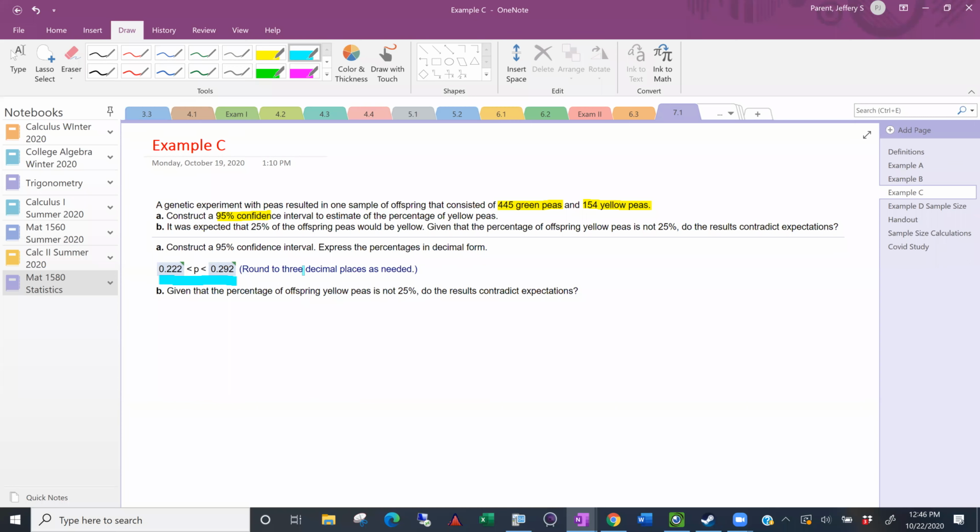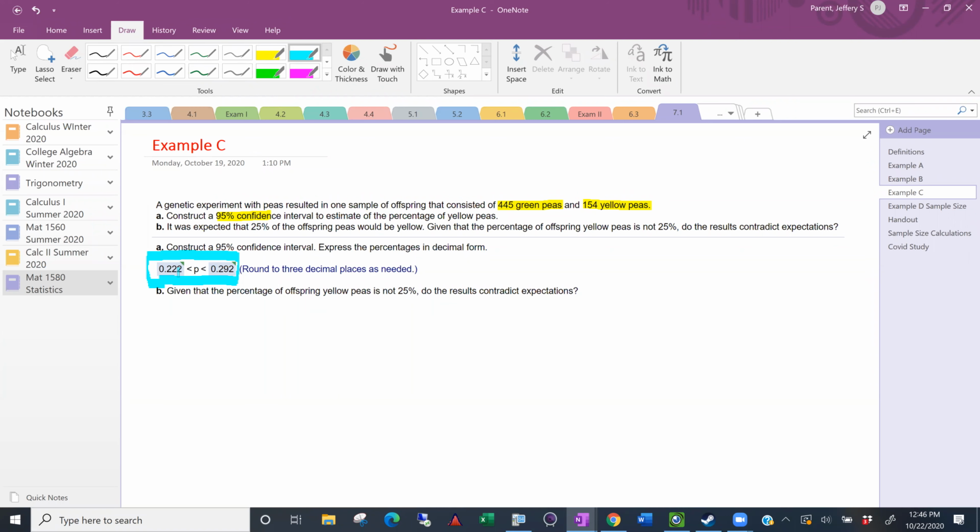Well, do the results contradict expectations? Like I said, when we did this calculation, we ended up with 25.7%. So does that mean this idea of 25% is wrong? I don't think so. The thing to notice is that 25% fits inside this interval, doesn't it?